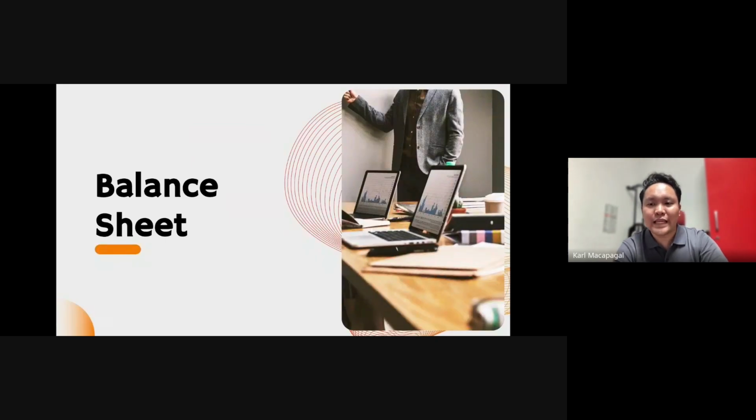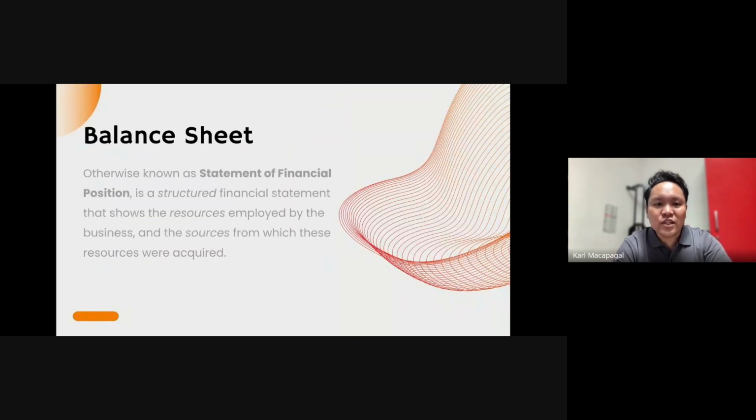Speaking of balance sheet, the balance sheet is otherwise known as a statement of financial position, not performance. It is a structured financial statement that shows the resources employed by the business and the sources from which these resources were acquired.